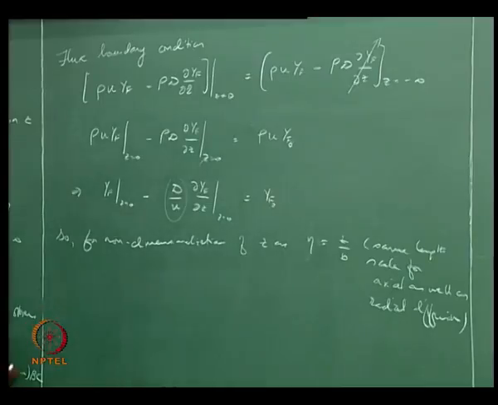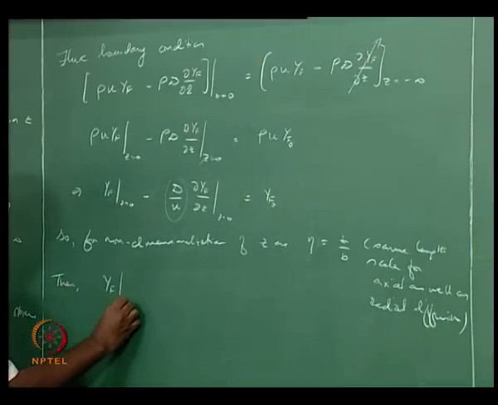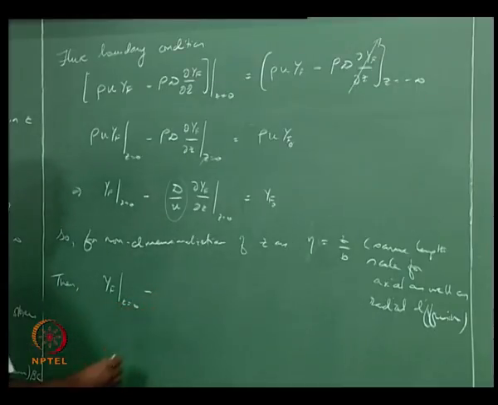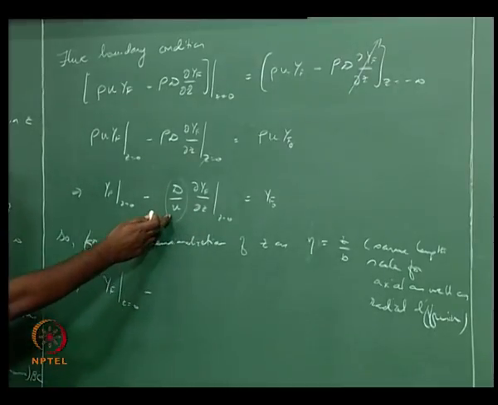But if you do this, then yf at z equal to 0 minus, you now get a b out here, right?